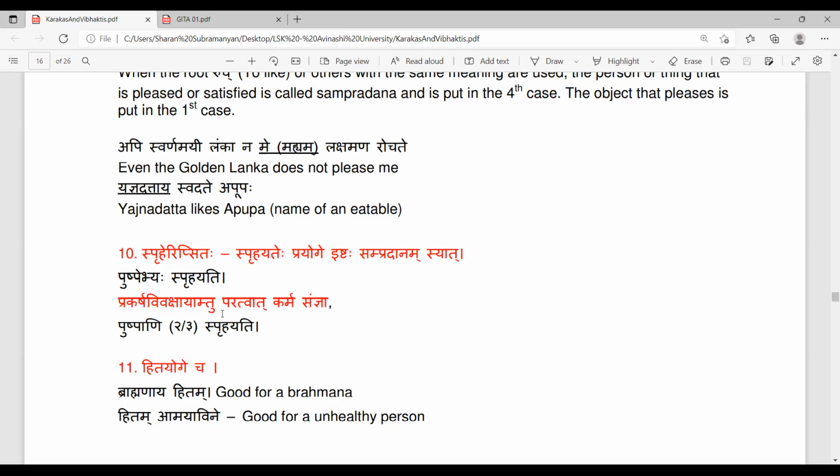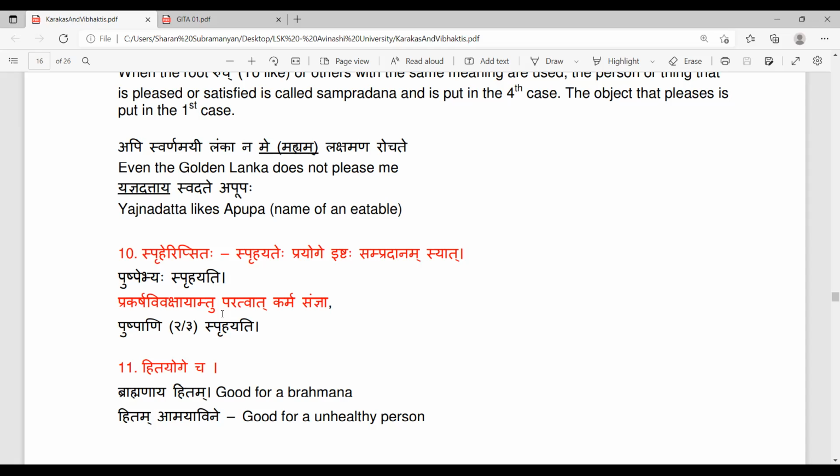Prakarshya vivakshayam tu, when the vivaksha is prakarsha, when the vivaksha is meant to tell that flowers are liked, then it can take karma sanjna also. So pushpebhyah sprihayati, pushpani sprihayati, both are correct, but there is a difference in the vibhakti, therefore a difference in the emphasis.